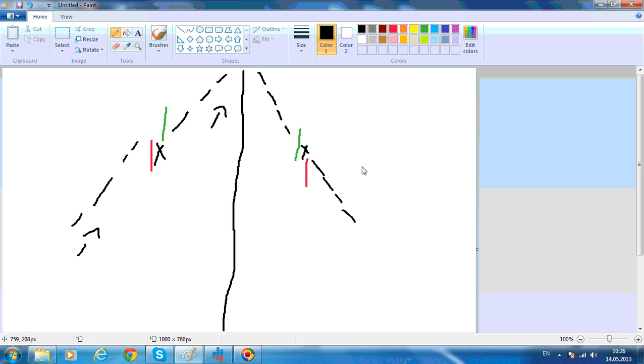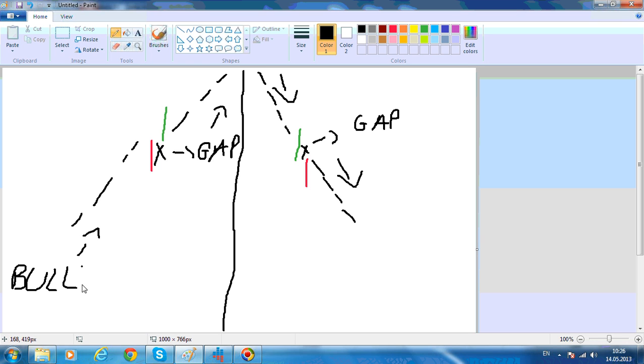So what you are having here is a price that comes from the upside, usually in a third wave type, and exits the continuation pattern in the same direction, implying a gap. So this is a gap. Also this implies a gap. And this is called a bullish separating line.